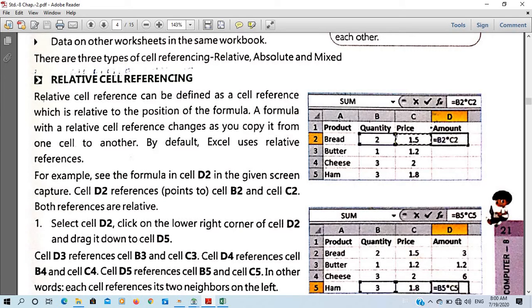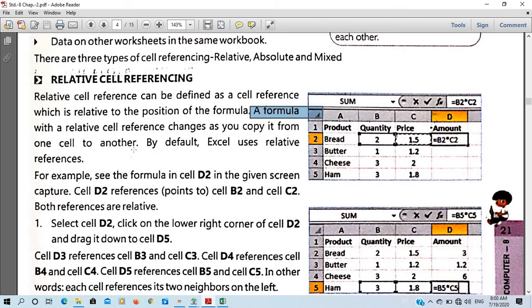And you can write from your book, where the definition is also given. Relative cell referencing can be defined as a cell reference which is relative to the position of the formula. A formula with a relative cell reference changes as you copy it from one cell to another.